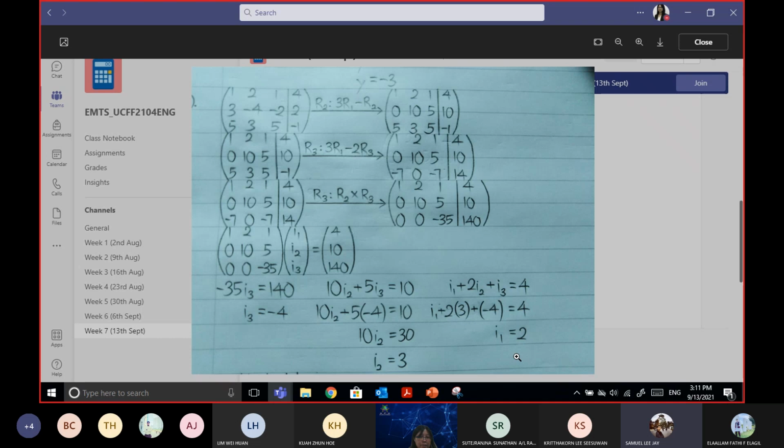Miss, I think he meant in terms of changing the order of making zeros. Okay, so he changed from the first column. Then after that, oh, he's not changing, he's changing this.